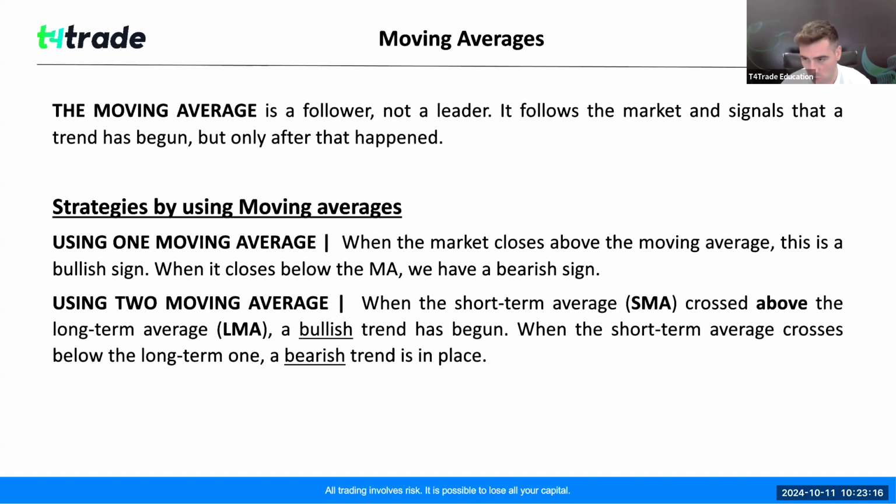This is not for sure. You are making an educated guess, given the fact that you have seen price action breaking above this moving average, this historic average of that area or level of price. Okay, so that's how you use the simple moving average and price action.